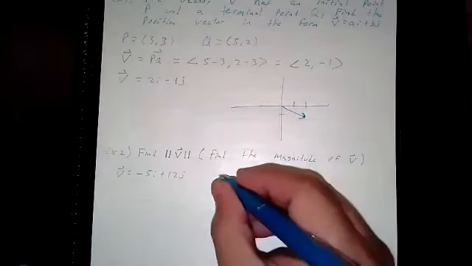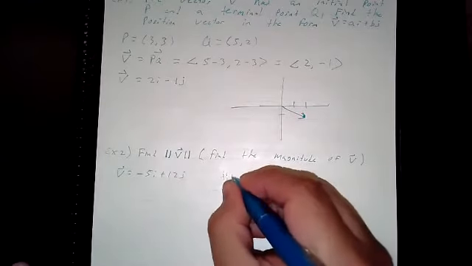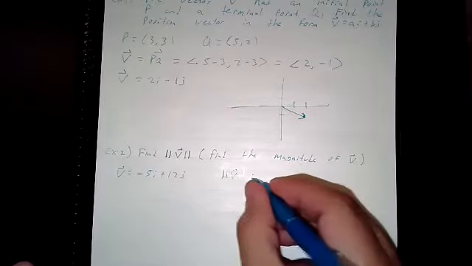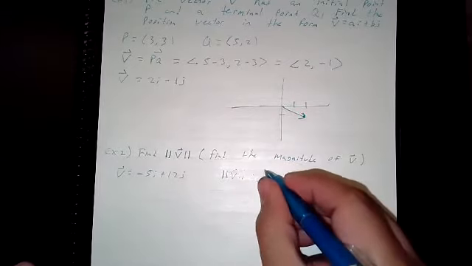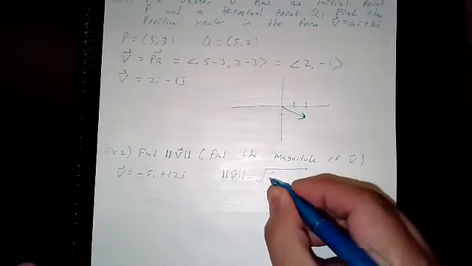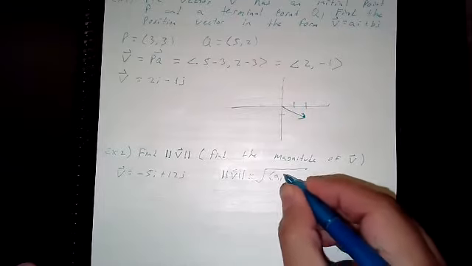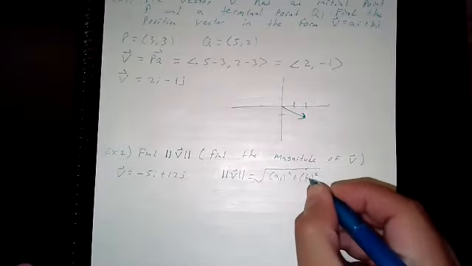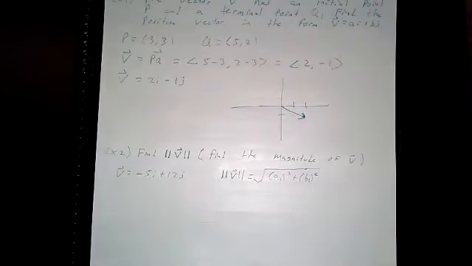The formula for magnitude is basically just the distance formula, which we've done quite a bit in this class. You square the a component and the b component, where v is equal to some a1, b1, which should give us our magnitude.